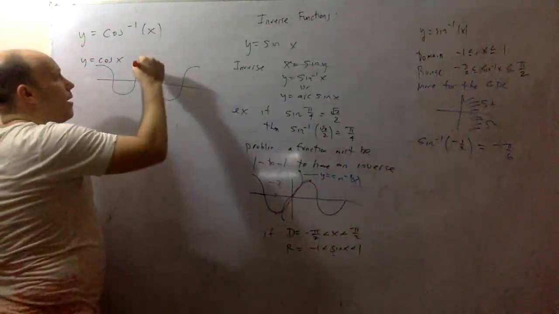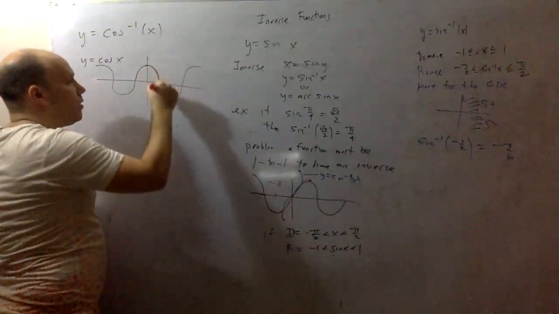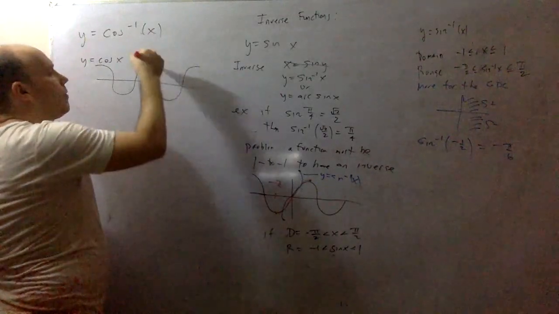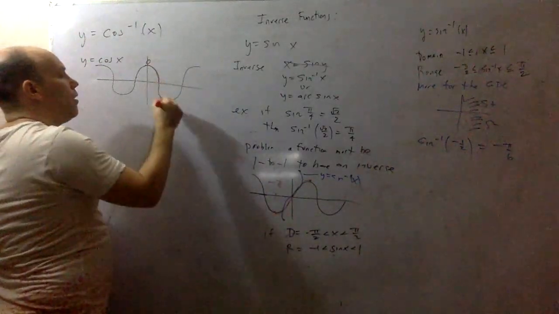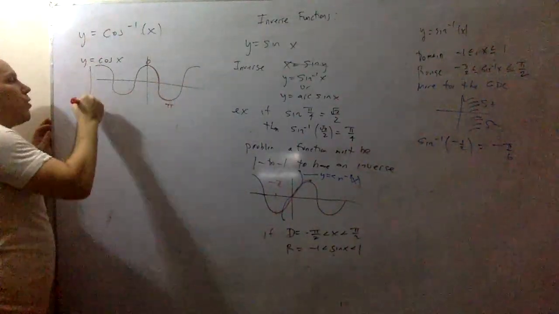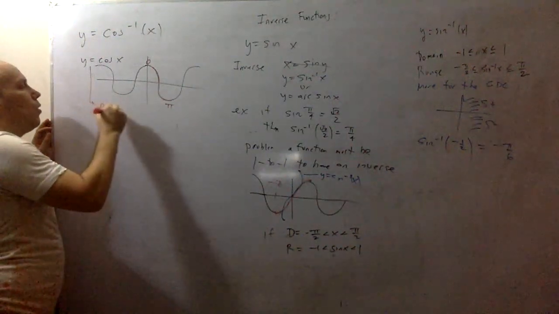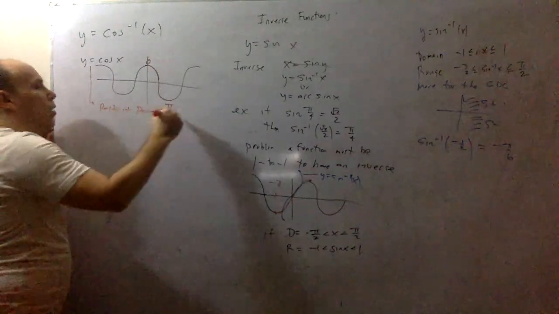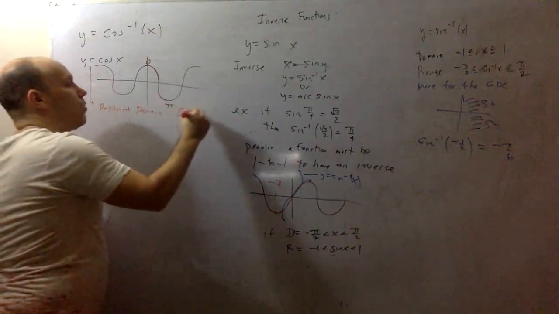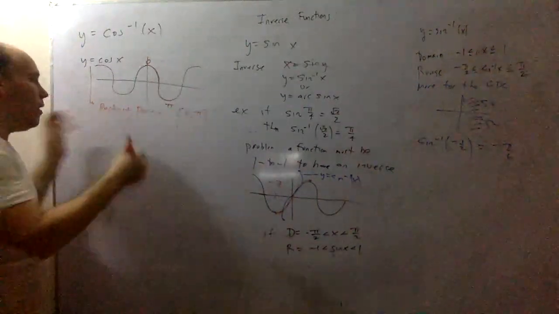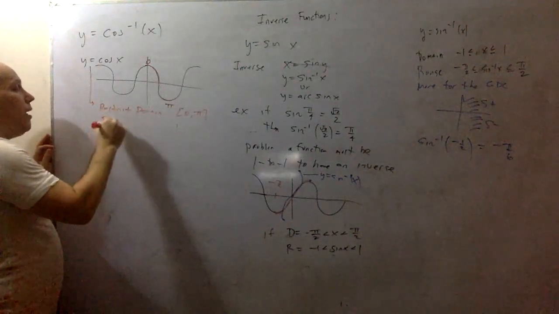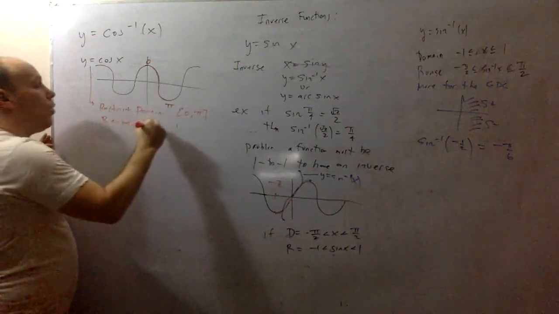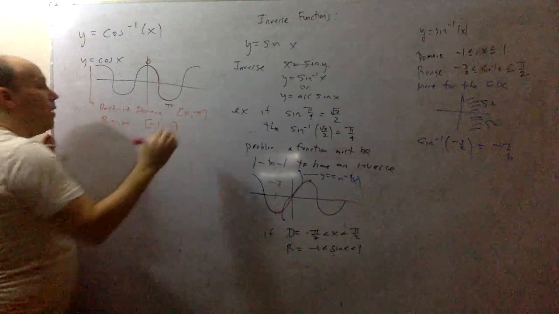We're going to restrict the domain from 0 to pi. So if we restricted the domain from 0 to pi, look at the new notation I'm using, then the range is still negative 1 to 1.